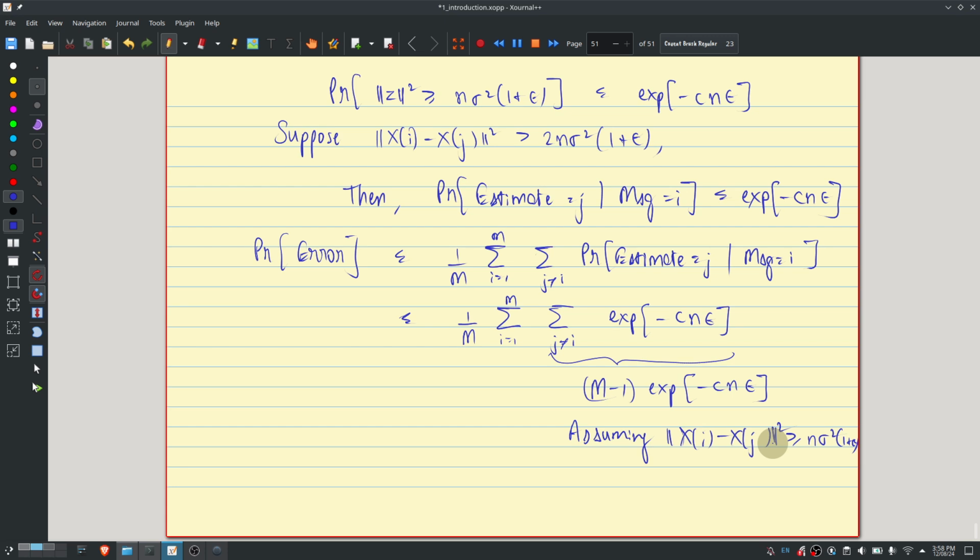This is again only an upper bound. So as long as we are able to construct a code for which the minimum distance is at least square root of n times sigma square, we are done. We know that the probability of error is guaranteed to be small.